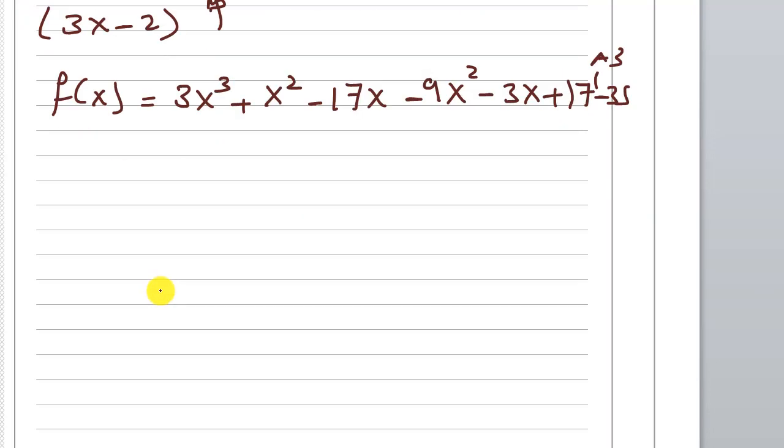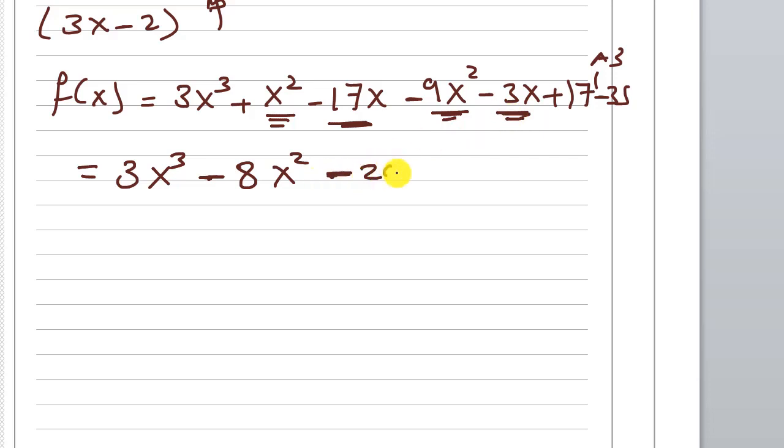Okay, so let us now start 3x power 3. Now this is x squared minus 9x squared, so minus 8x squared. Minus 17x, and we have here minus 3x, so it's minus 20x.